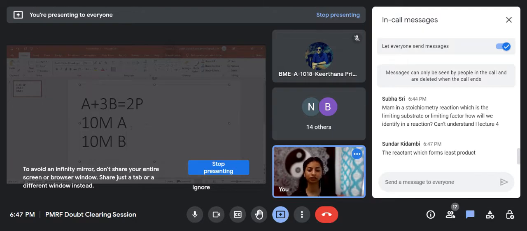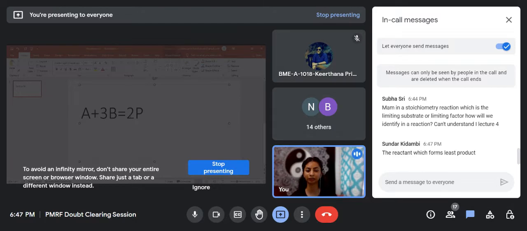So what this equation means, the first equation that you saw, A plus 3B equals 2P, where P is the product, A is reactant 1 and B is reactant 2, right? That means you need 1 mole of A and 3 moles of B to produce 2 moles of product. This is how the reaction works.